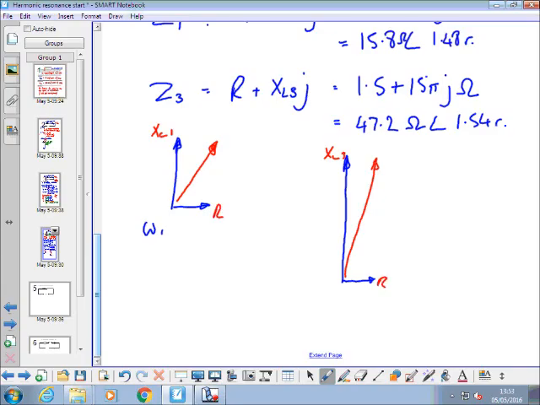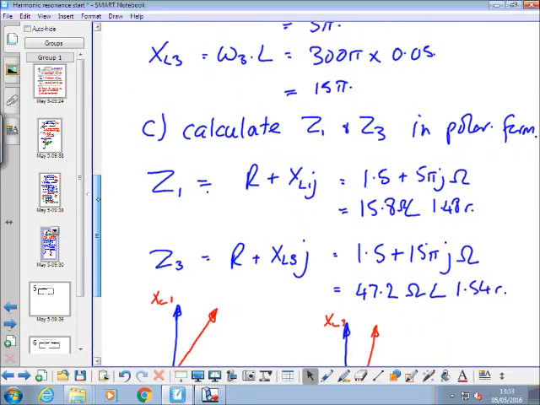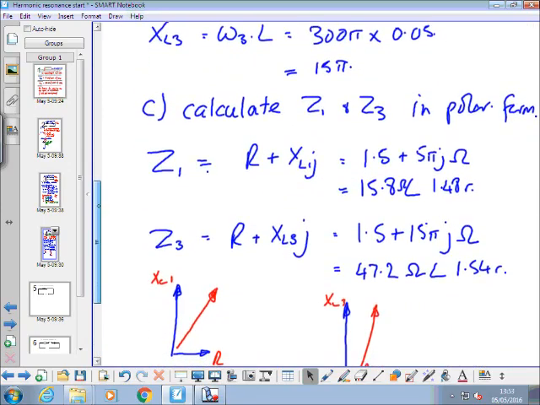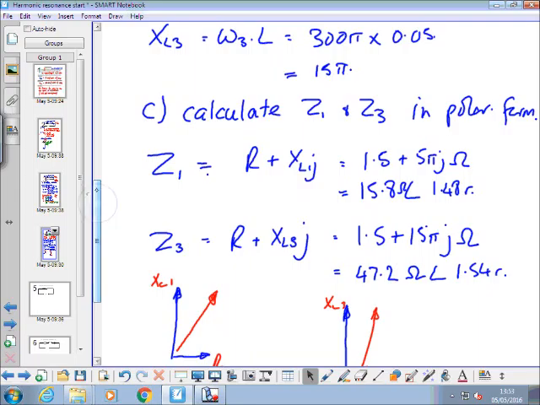XL1, XL3, R and R: bigger angle, smaller angle. So happy with that?